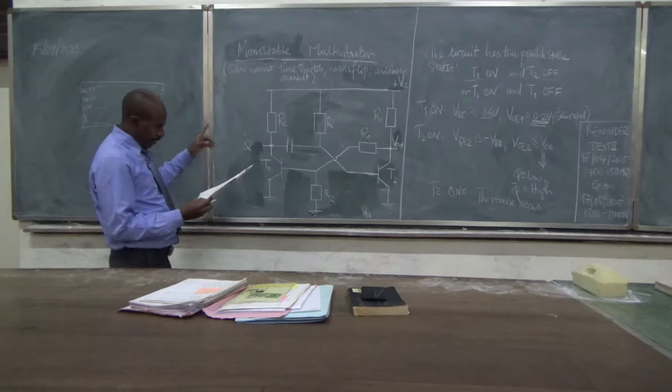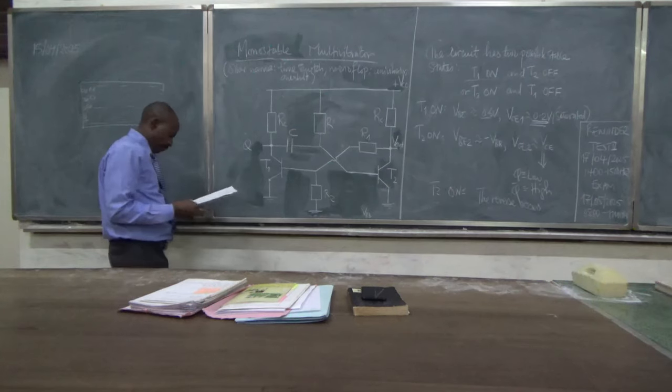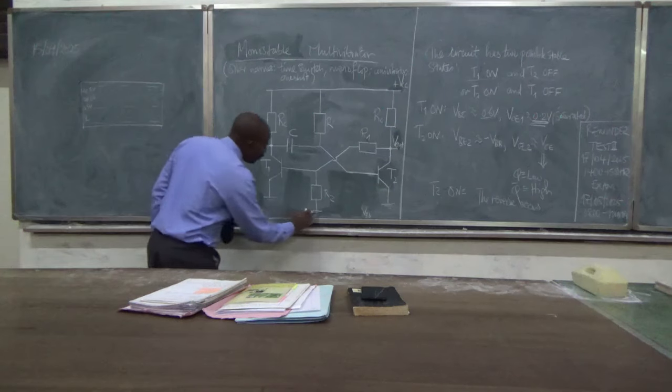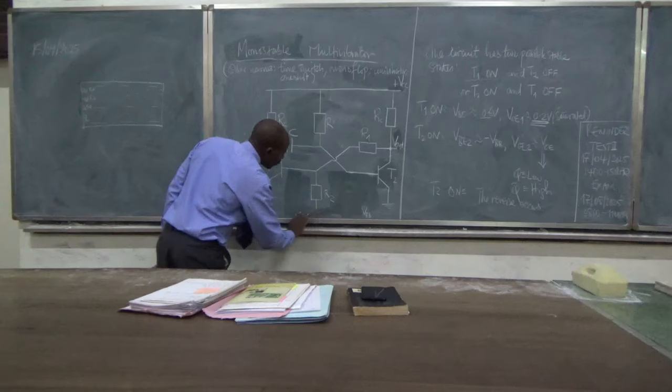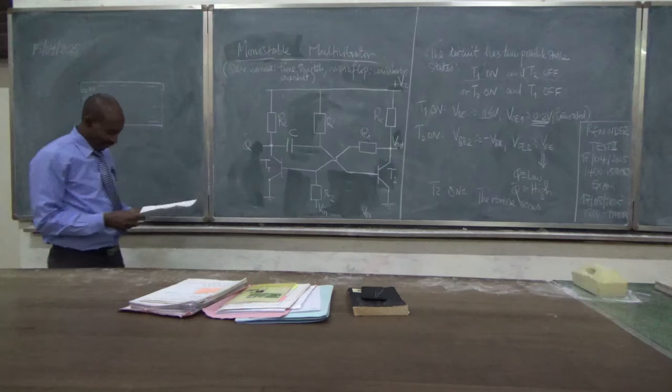Let me see, RC, then C, R2, then we have a V in here. We shouldn't be quick to finish the diagram before I finish.